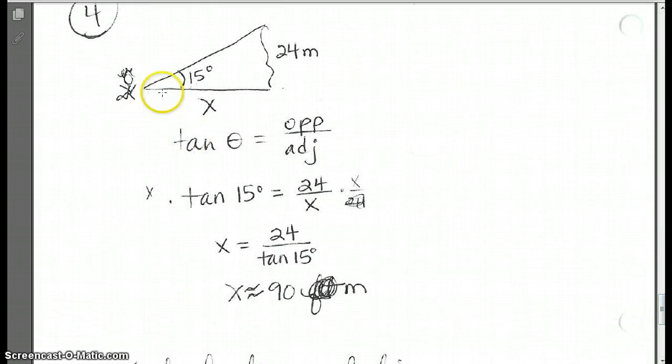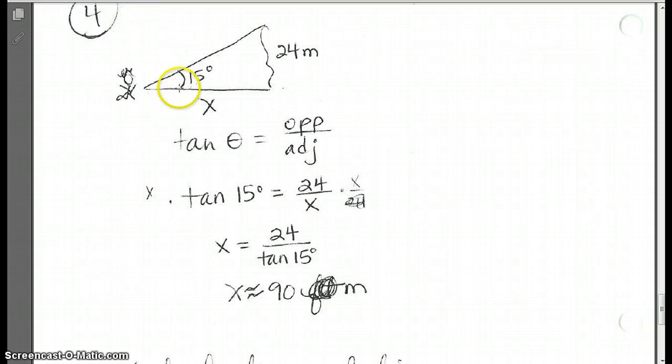So angle of elevation and depression both are with the horizon. So your angle of elevation is looking up, angle of depression is looking down. So again, angle of depression is with the horizon.